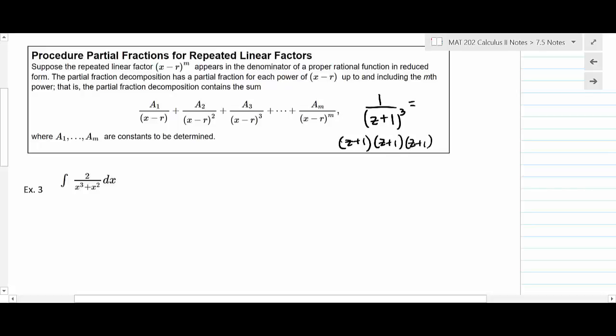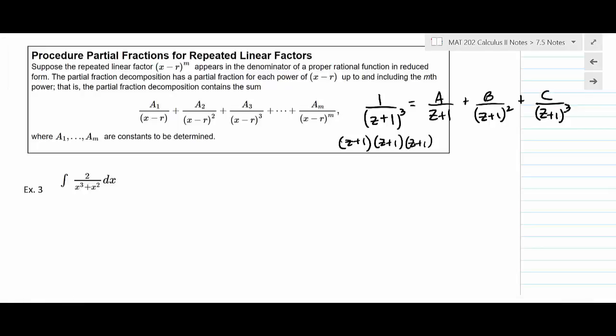So you have to set it up in a totally different way than I did the simple linear factors. You got to go a over z plus 1, then b over z plus 1 to the second, then c over z plus 1 to the third. So anytime that a factor is repeated, you have to break it up like that.